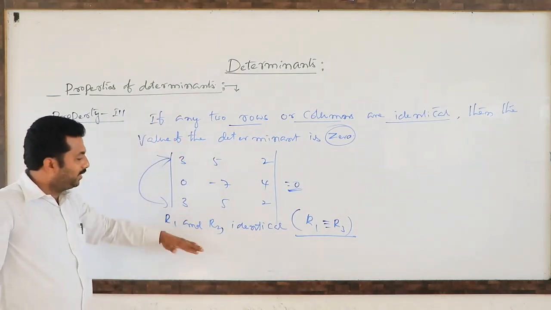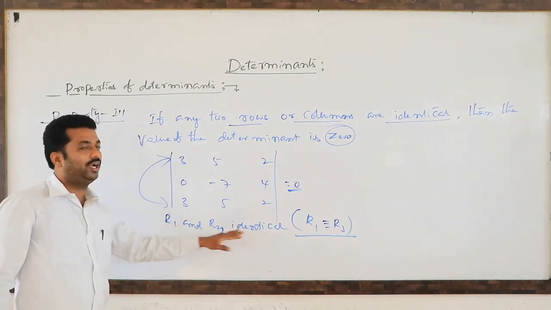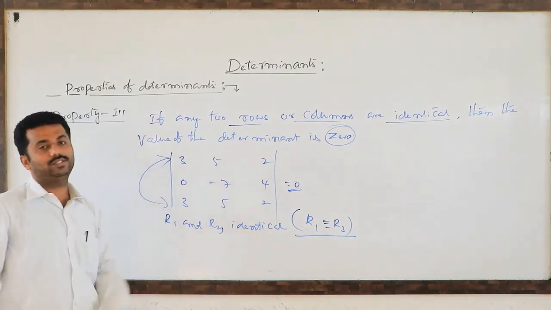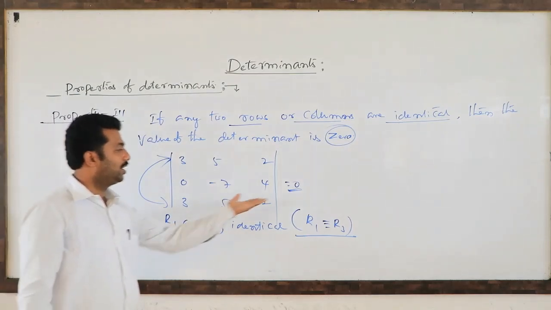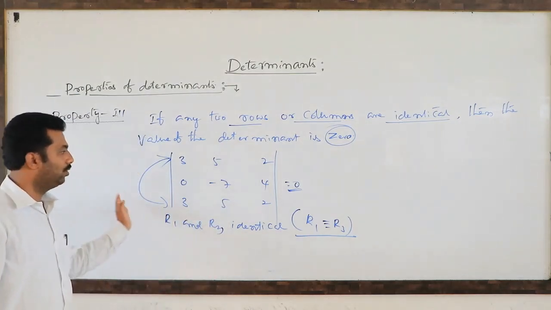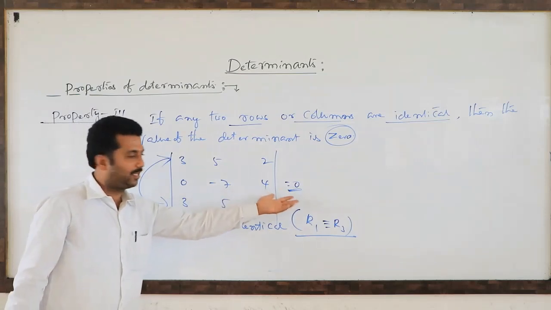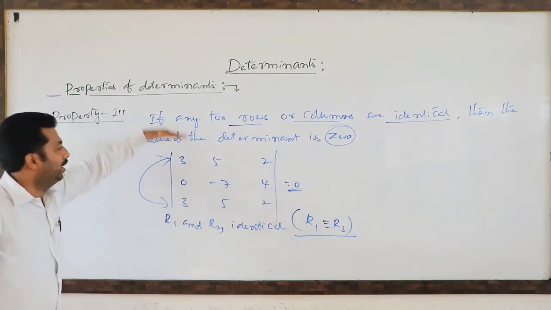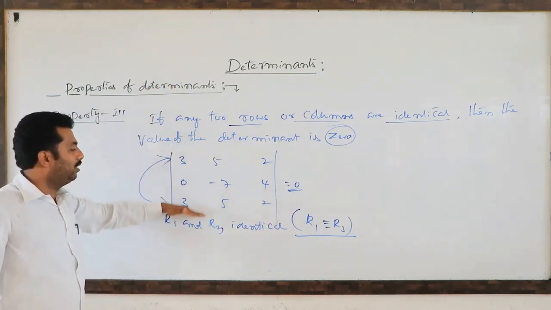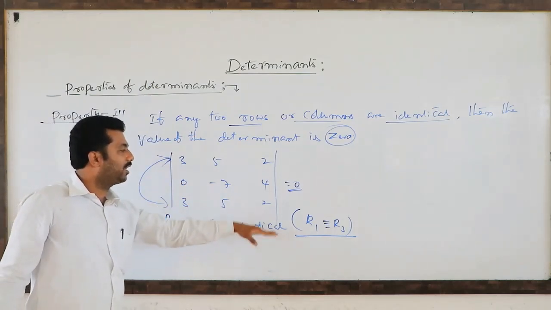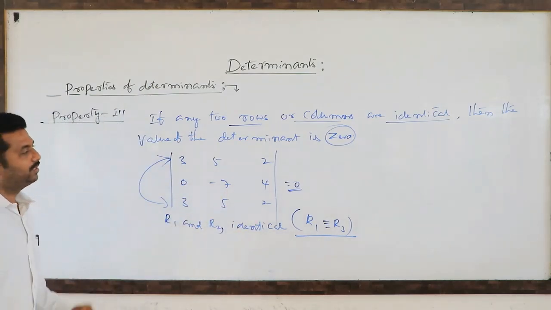After identifying like this, simply take R1 and R3 as identical, and the value of the determinant is 0. If you expand also, you will get the same answer 0, no doubt about it. So directly, without expanding, you can tell.